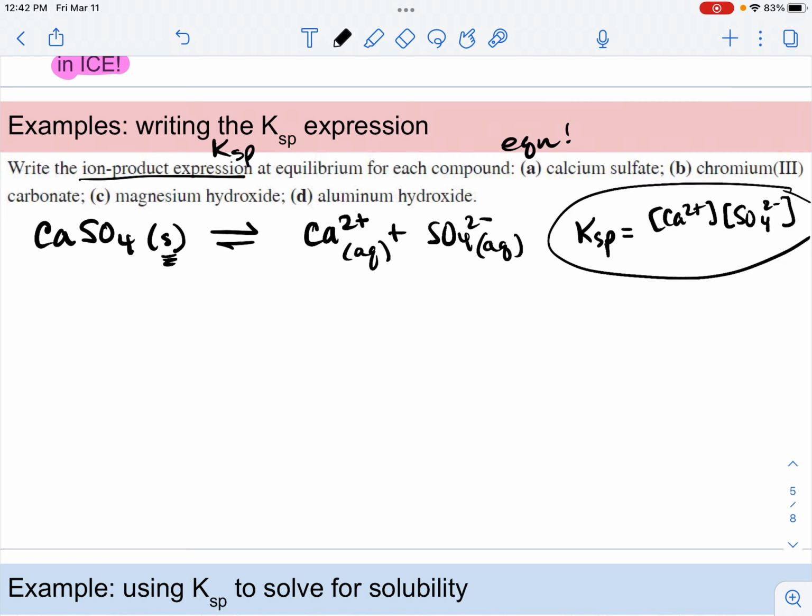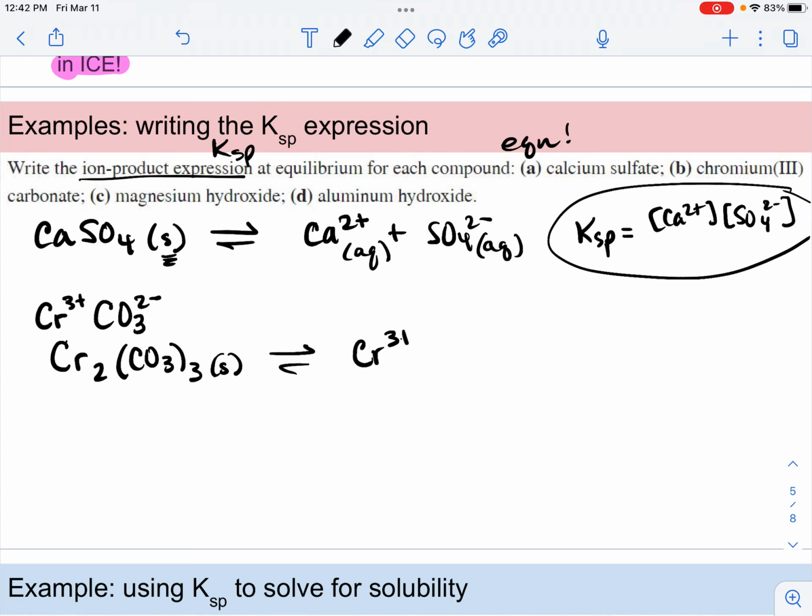Okay, do the same thing for chromium 3 carbonate. Chromium 3 is Cr3+, carbonate is CO3 2-. So the compound that forms from that, using the process of making the charges 0, would be Cr2(CO3)3, and this is a solid at equilibrium with the chromium 3 ion and the carbonate ion.